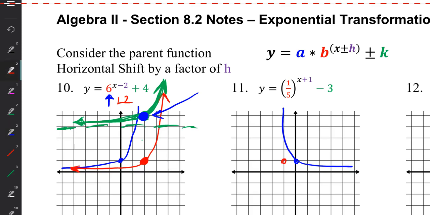All right, so I'm going to go left 1. And the minus 3 does what? 1, 2, 3, down 3. I'm going to draw my new asymptote, Tanner. There it is. Looks just like the red one, but down 3.